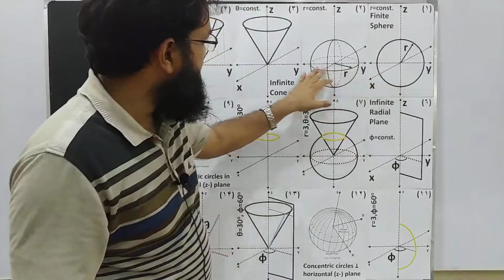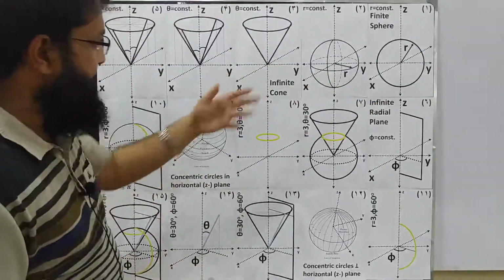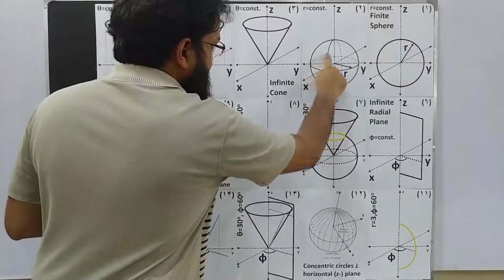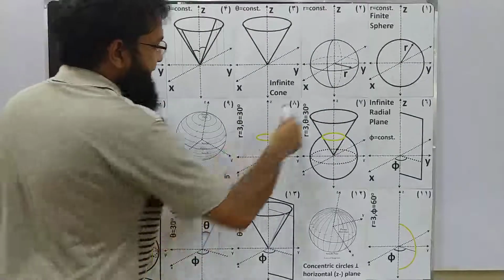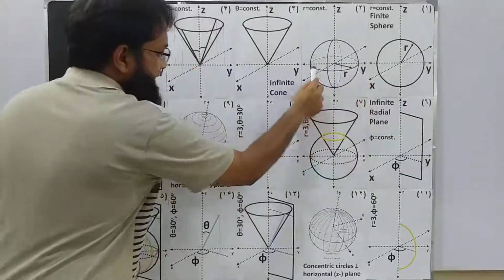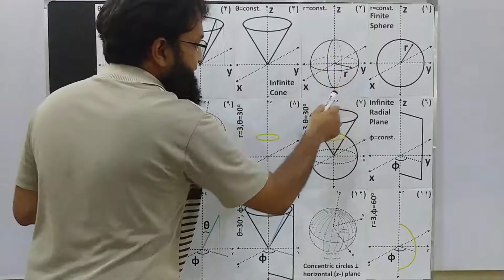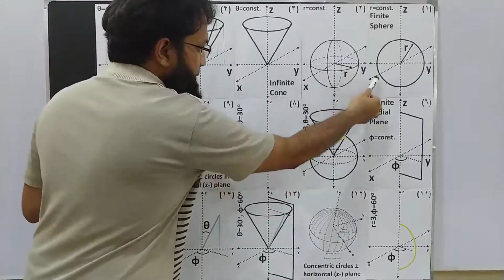And just to show you that this is not a circle, this is a sphere, with depth and all, I have added a circle here and a circle here. Now you can see that this circle is nothing but the intersection of the r equals constant sphere and the z equals 0 plane, or the xy plane.